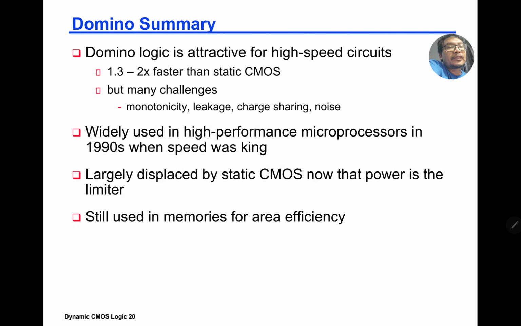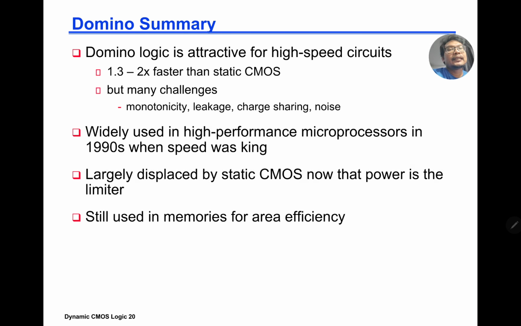We set the output equal to 1 before we know the actual result. If the result is 1, super fast. But if the result is 0, we need some time to discharge the node that we already charged to 1. That's why it's fast: we predict the output to be 1. So if you have a circuit where a lot of the outputs are always 1, you might want to consider using domino logic.